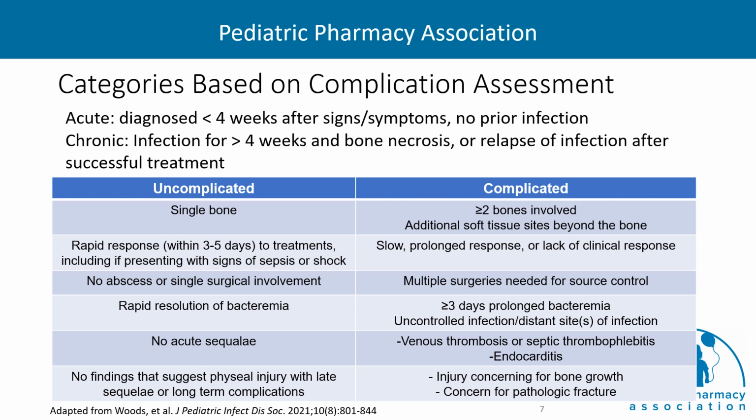Some of the sequelae these patients could have are venous thrombosis, septic thrombophlebitis, endocarditis, etc. And there are concerns for injury impacting bone growth or some sort of pathologic fracture, making it, again, more complicated. So this is some of the complicated versus uncomplicated in the guidelines to differentiate between types of osteo or septic arthritis in patients who present.